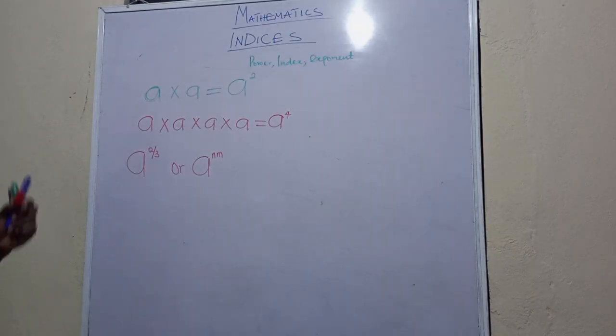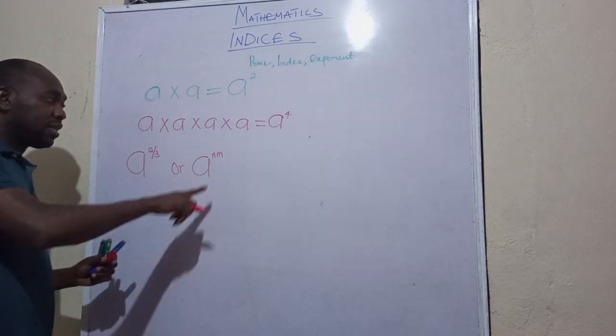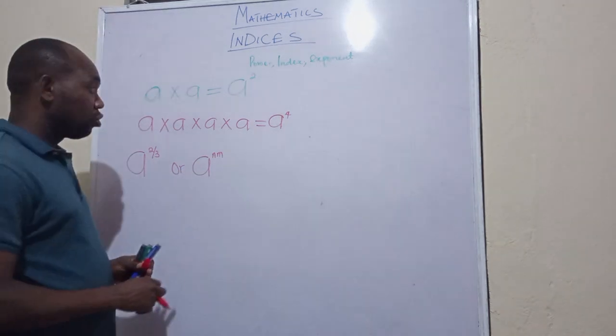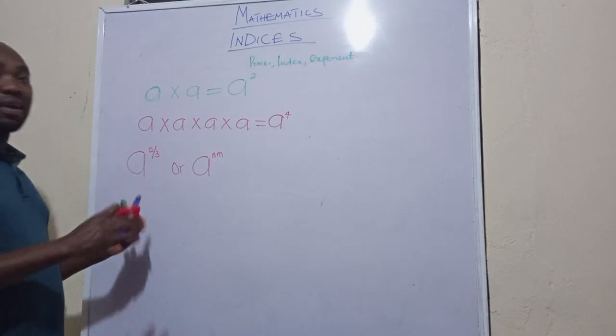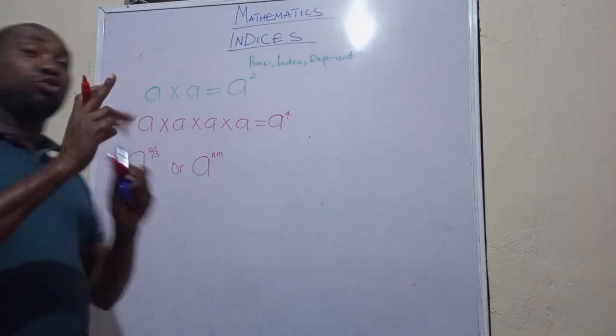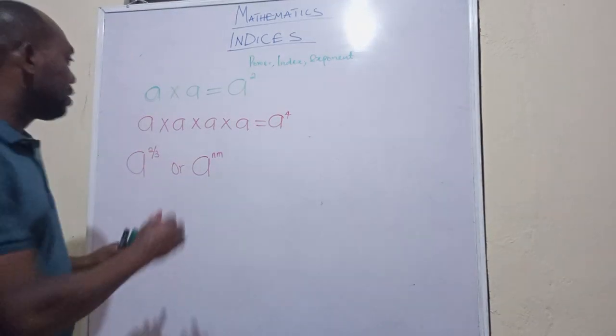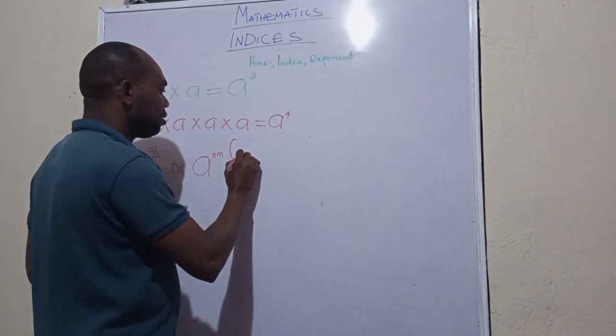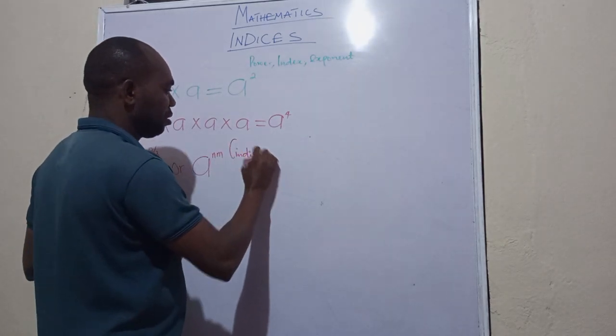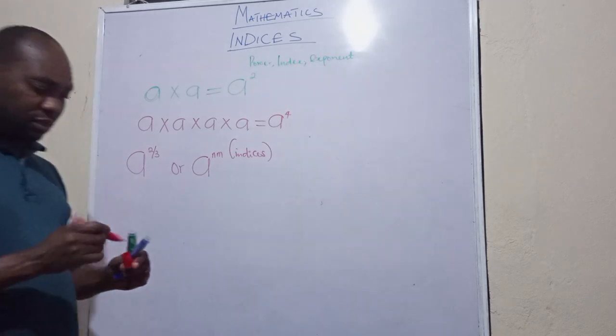It is no longer one, like this is 2 and here is 2. So now, since the index is more than 1, it is now called indices.